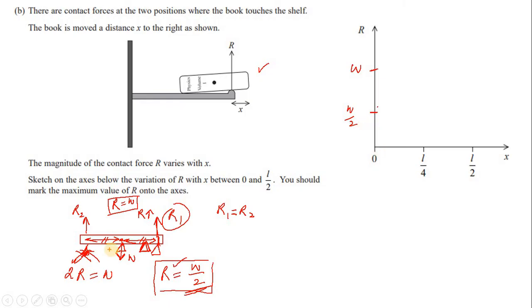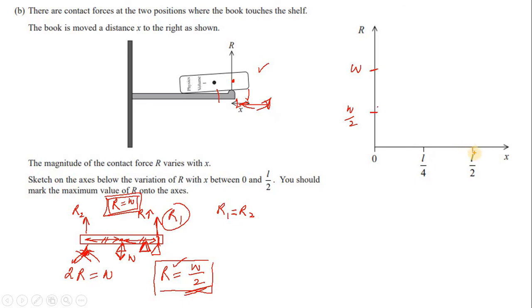So when do we have the maximum value of contact force, which is R equal to W? When this center of gravity comes here, and this length, which is L by 2, will be there.